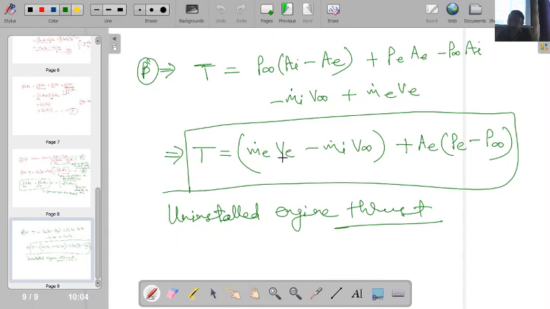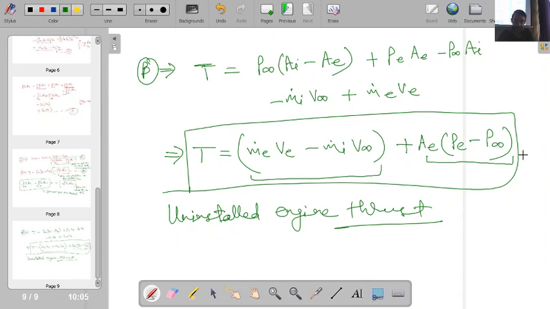This is the outgoing momentum at the exit point. This is incoming momentum at the inlet. So net rate of change of momentum in x direction across the engine. That will give some force, plus the change in pressure is also contributing some force. Okay, is this point clear?